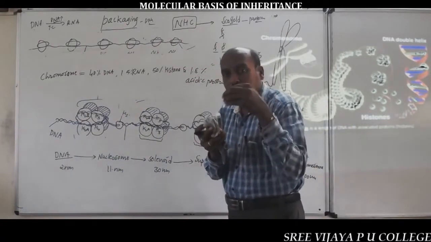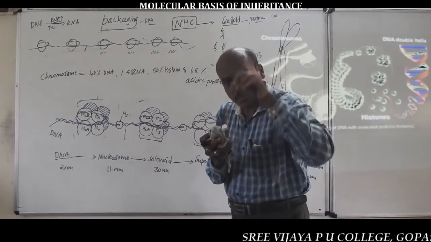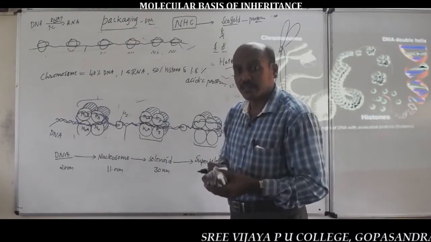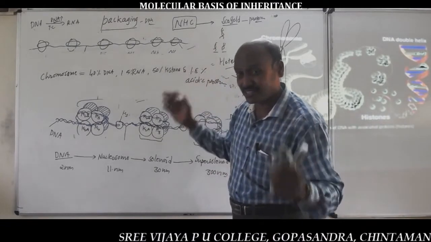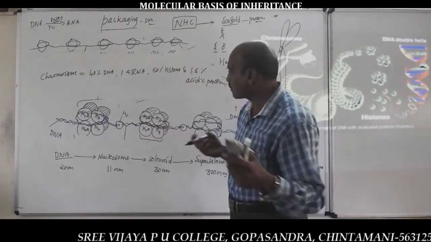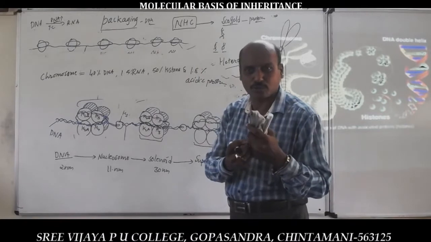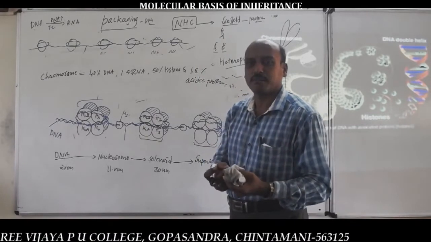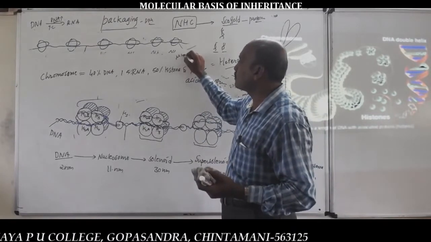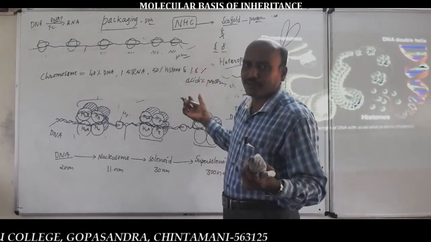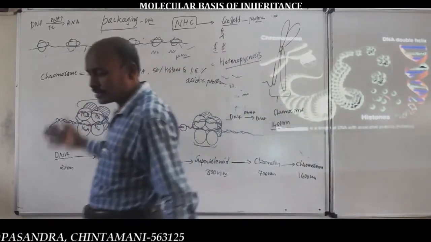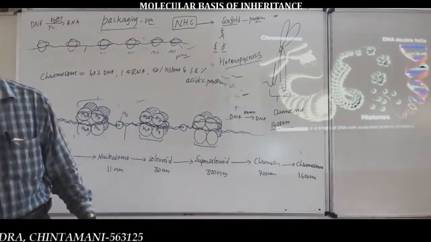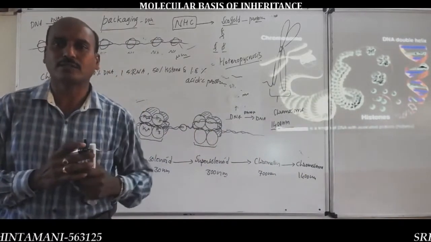Important. Sir, what are the names of acidic proteins? They are the non-histone chromosomal proteins, acidic in nature. Very important. They are closely associated to the chromosome. So non-histone chromosomal proteins are commonly called structural proteins or scaffold proteins. This is the explanation of packaging of DNA helix in eukaryotic cells.